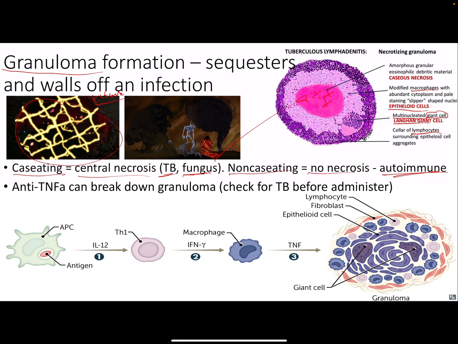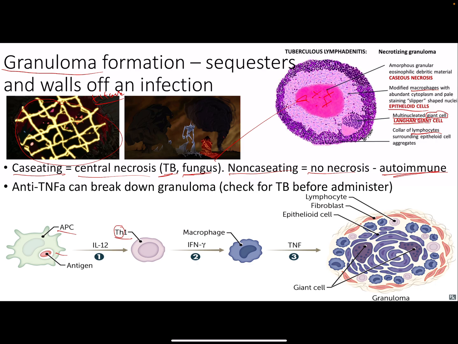It's important to know a lot of the cytokine buildup to a granuloma. So to activate a T cell, we have an antigen-presenting cell. It presents this. We can convert a CD4 cell into a specific type of CD4 cell, which is called a TH1. Remember that CD4s are helper cells. So what does TH stand for? It stands for T helper.